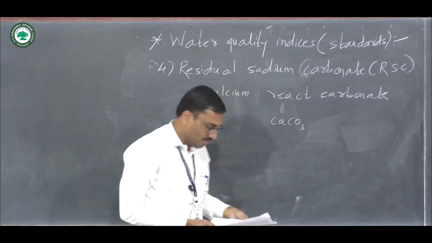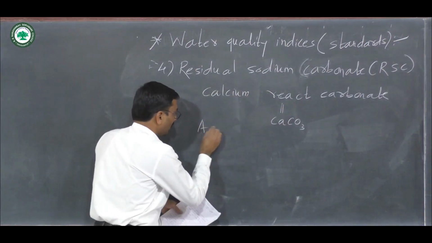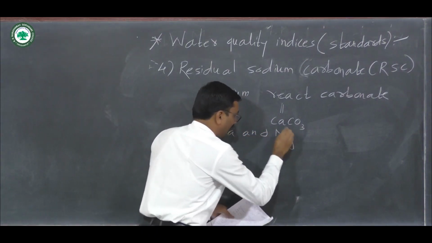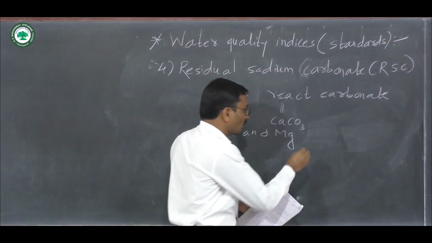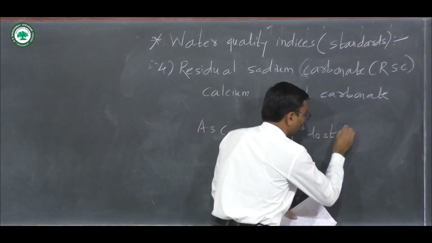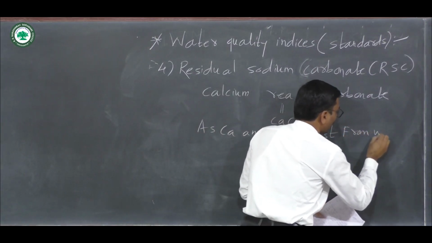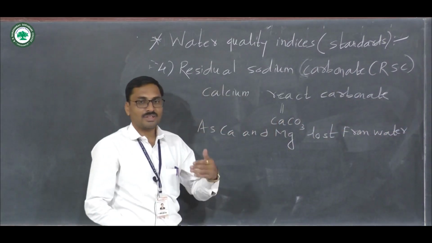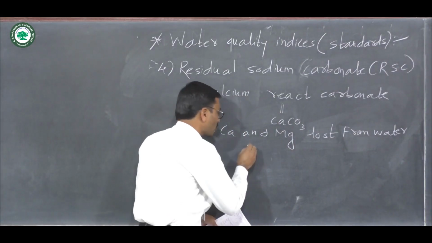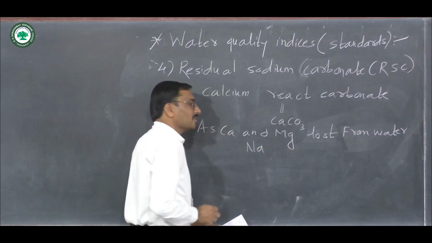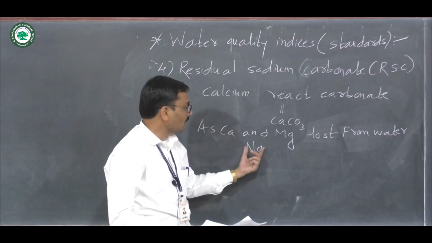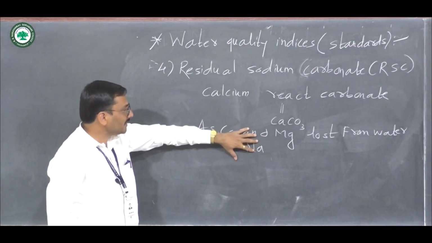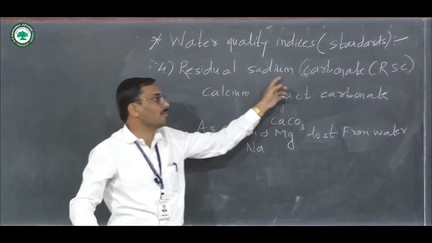So due to this, what happens? As calcium and magnesium are lost from the water, there is an increase in the relative proportion of sodium. This increase in the relative proportion of sodium is termed residual sodium carbonate.